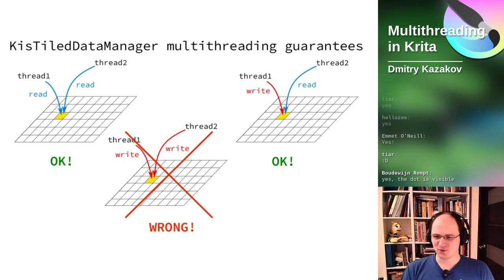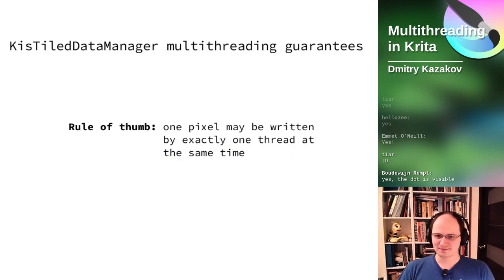So you should search for the problem not in the data manager, but in your own code that tries to write incorrectly. So this rule again: one pixel must be written by exactly one thread.